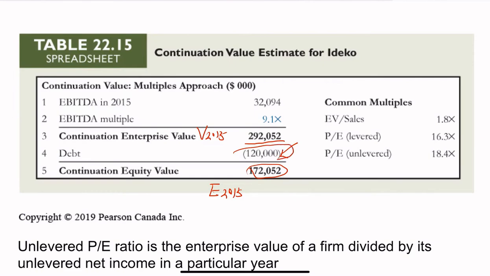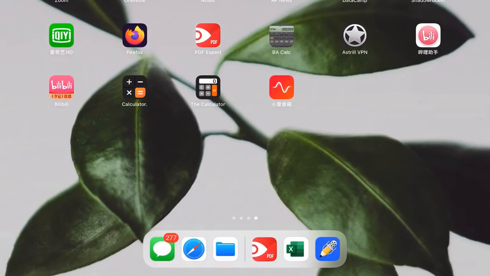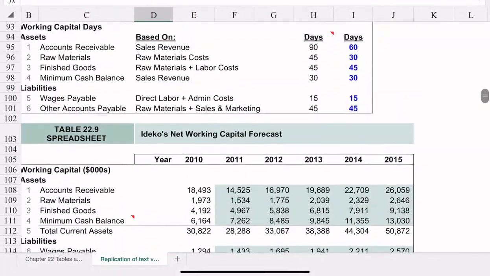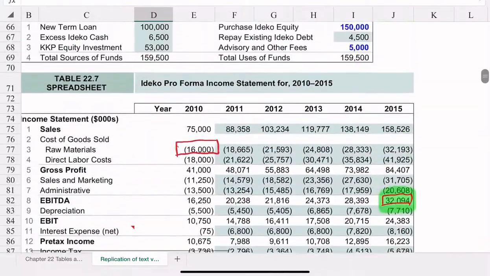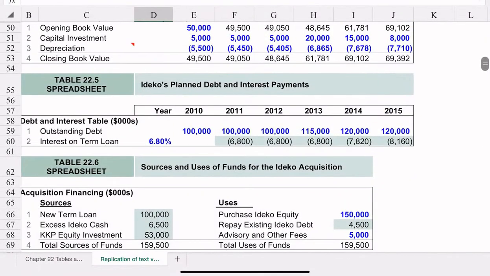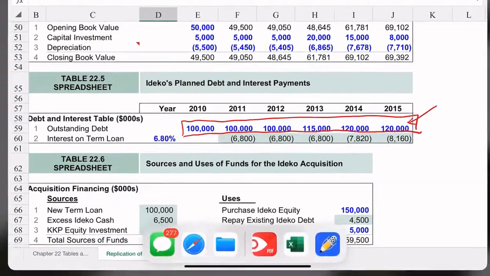Now, how do you get this debt? Well, again, we discussed this. The debt is given by the problem. We know that the firm will have this outstanding debt in each year, and we know that at 2015, the level of debt would be $122 million.